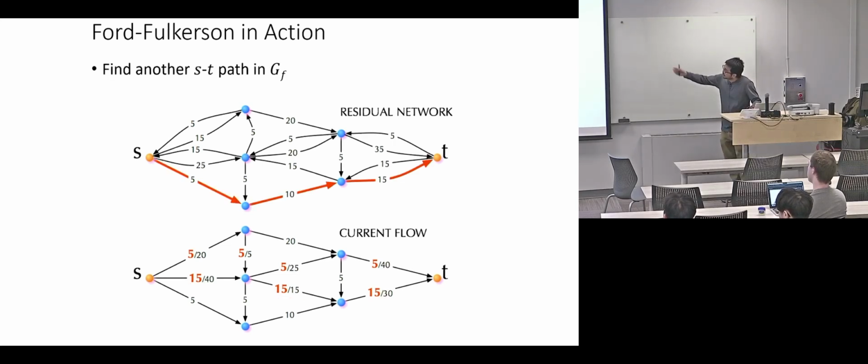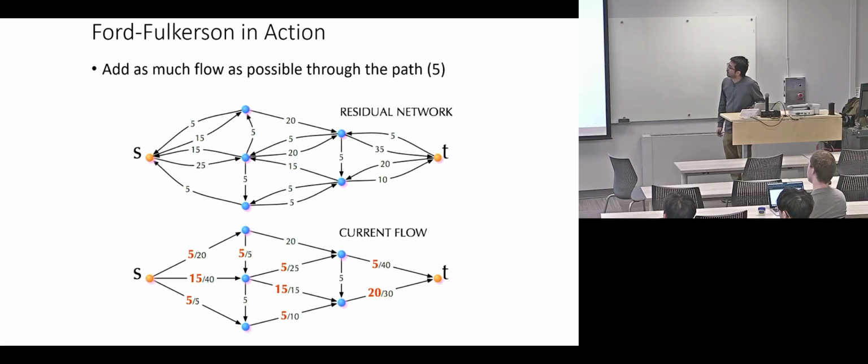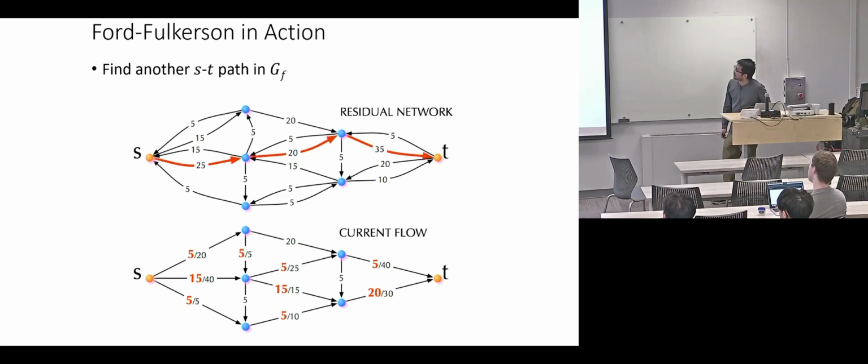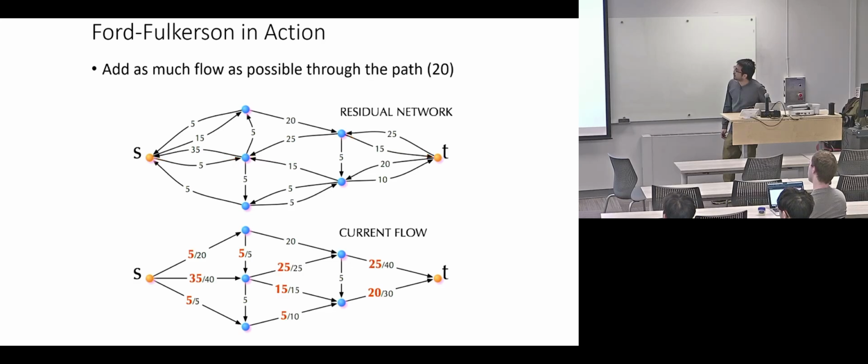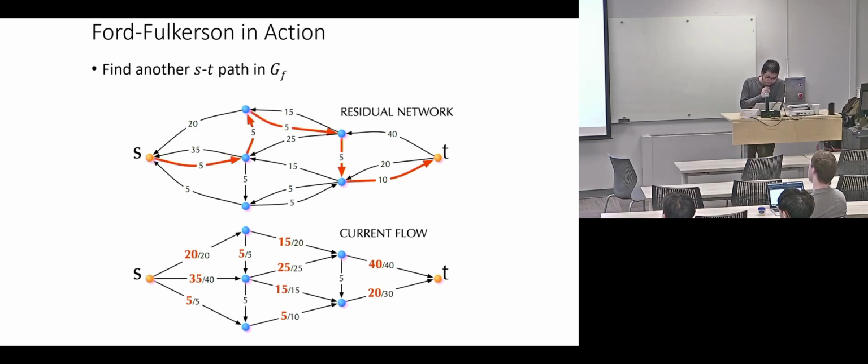So keep finding paths, update the flow, augment the flow. Find the next path, augment the flow. Keep doing this. Okay. Can you still find a path? Well, there is one like this.